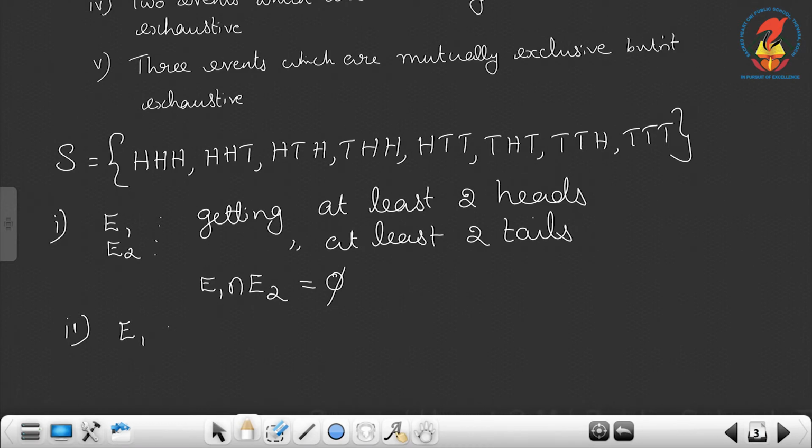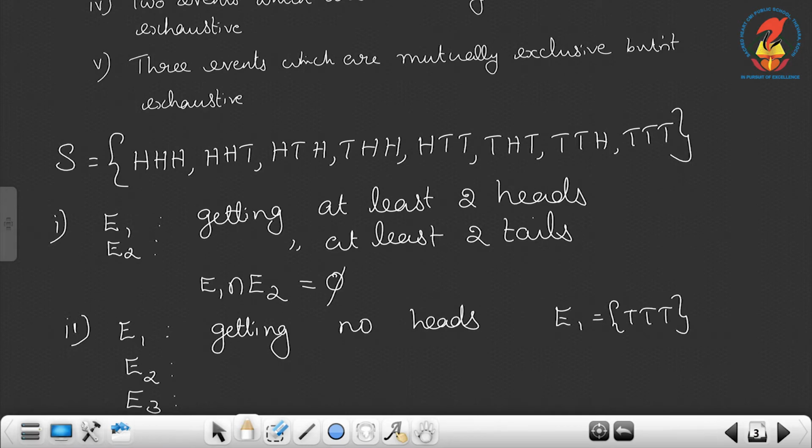So here we need 3 events, E1, E2 and E3. Let E1 be the event getting no heads. What is E1? Getting no heads means TTT, isn't it? No heads in that. Now E2 means getting 1 head, that is HTT, THT, and so on, 1 head.